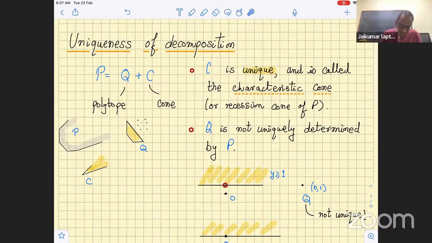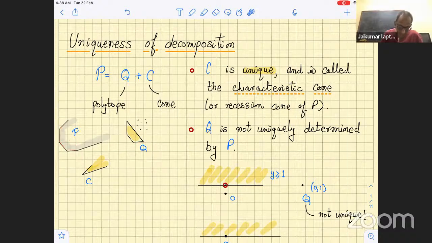For example, if this was the polyhedron described by the intersection of these half spaces, then there is a little polytope here, and then it extends to infinity. The extension to infinity is achieved by this cone, and that is this C here. And this part is the Q in this example.